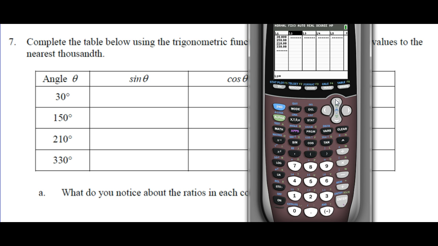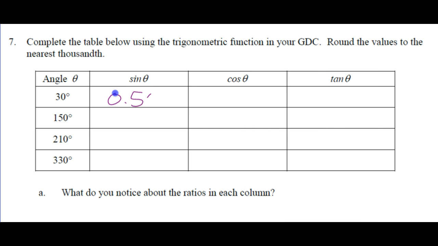Now you say the sine, and you go second function 1. Give me the sine of L1. You can close the parenthesis if you like closure, you don't have to. Hit enter. There's the sine of 30, the sine of 150, the sine of 210: 0.500, 0.500, negative 0.500, negative 0.500.